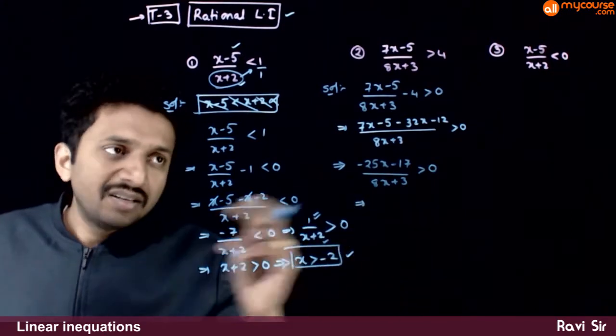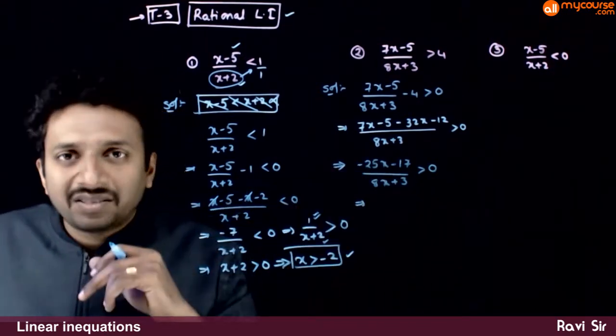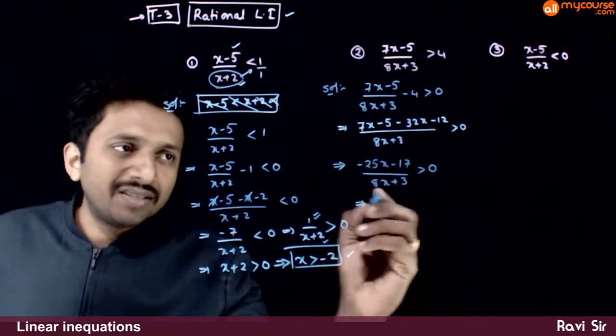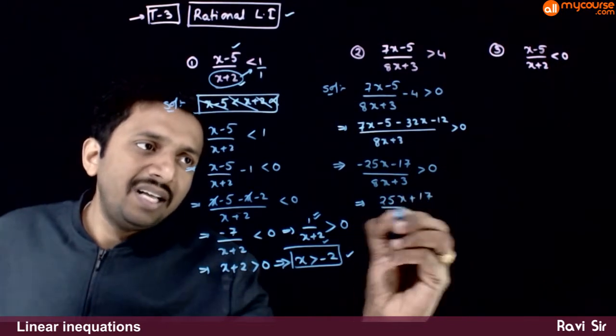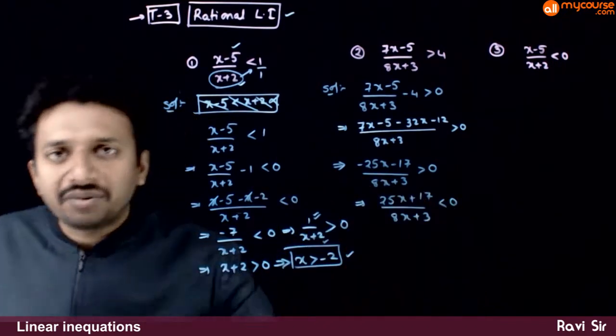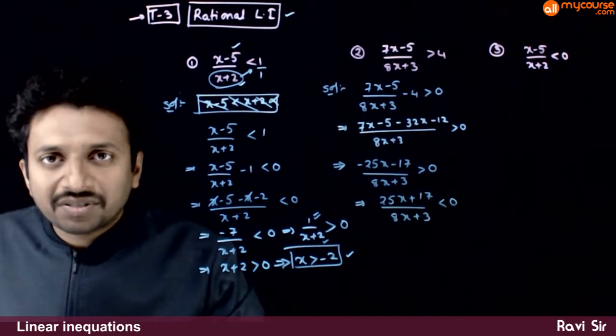This implies, now I'll uniformly multiply both sides with a minus, because you have a minus in both of them. So if I uniformly multiply with a minus sign, I get 25x plus 17 by 8x plus 3 is less than 0, because if I multiply with minus 1, the sign of inequality reverses.